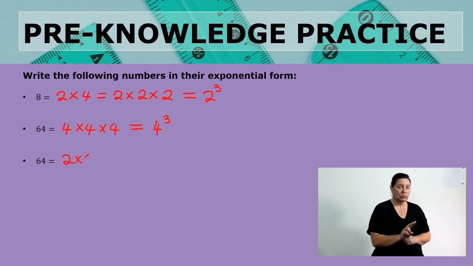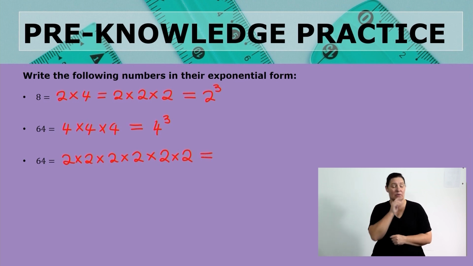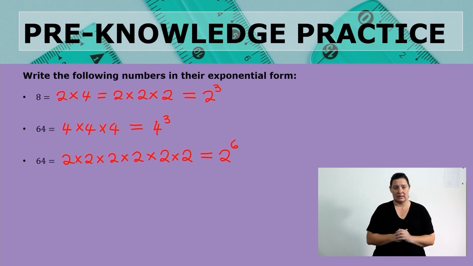That would be 2 multiplied by 2 multiplied by 2 multiplied by 2 multiplied by 2 and multiplied by 2. This will give us 2 raised to the exponent 6 because 2 is multiplied by itself 5 times.